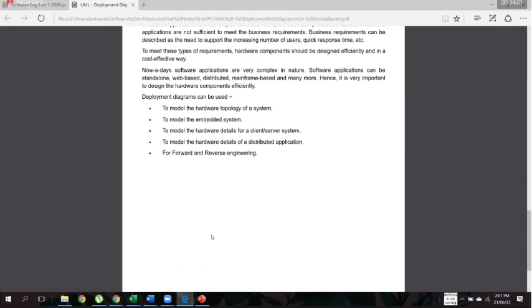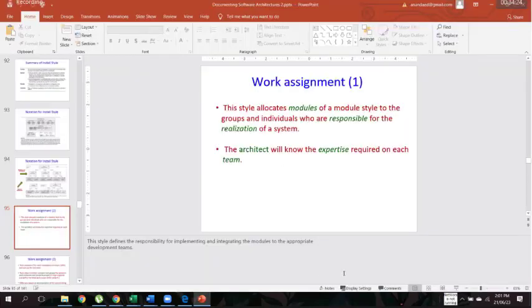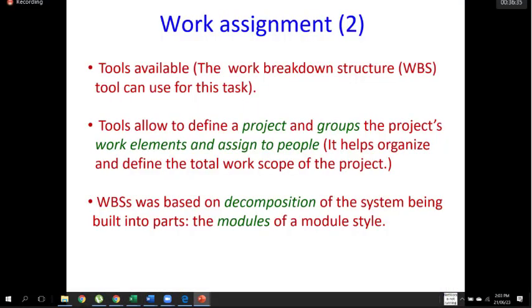Then we move to allocation structure. In particular, allocation is a work assignment view. In the work assignment view, the main focus is that you try to distribute the development activities to the human components, to your projects and project teams, and within the project, individuals.